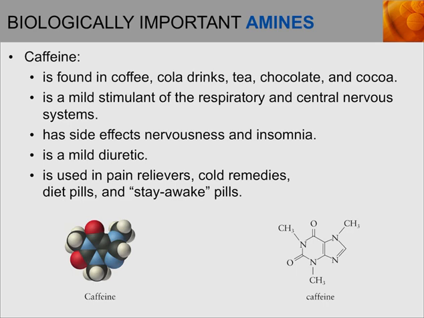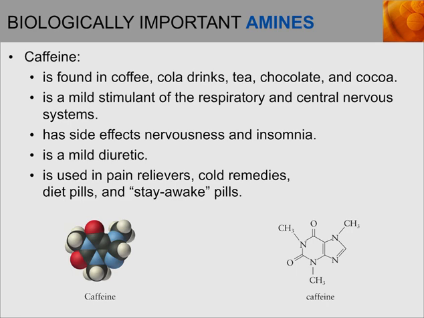It's a mild stimulant, so it can make you feel anxious, but it can also make you feel a little more alert or awake. So it does have some side effects such as nervousness and insomnia. It's also a mild diuretic, which just means you have to go to the restroom more.